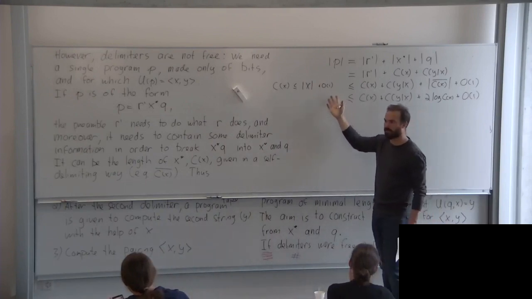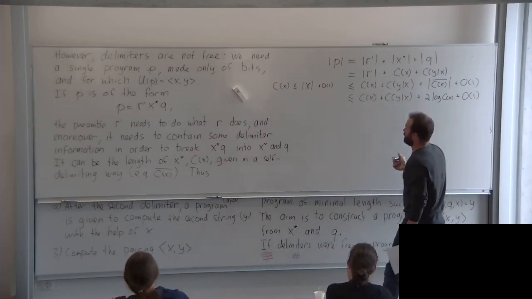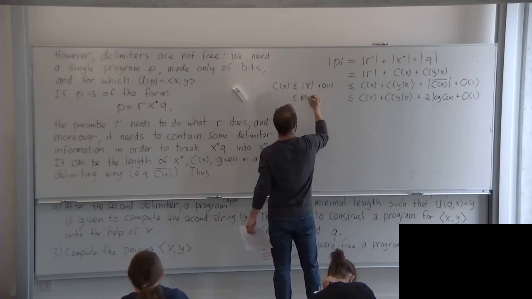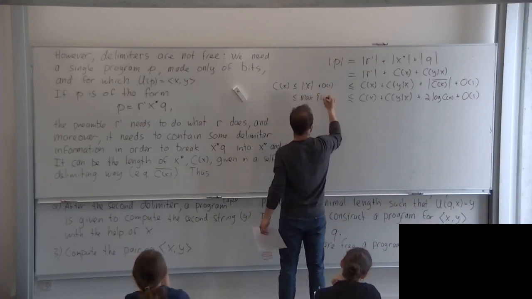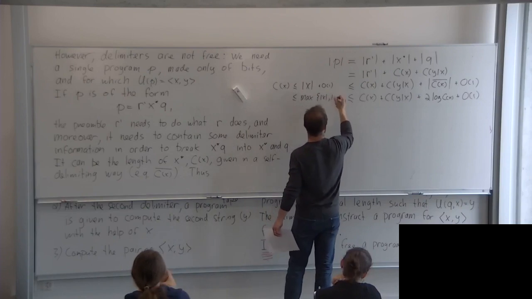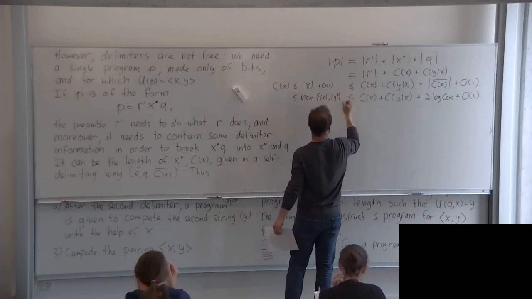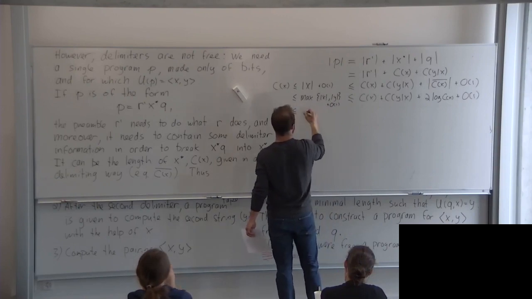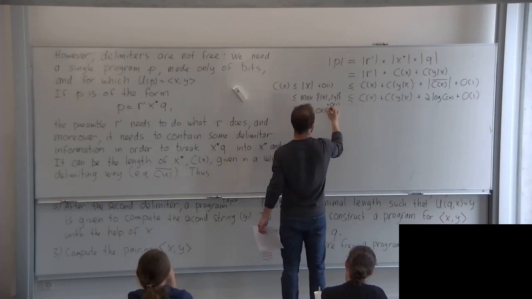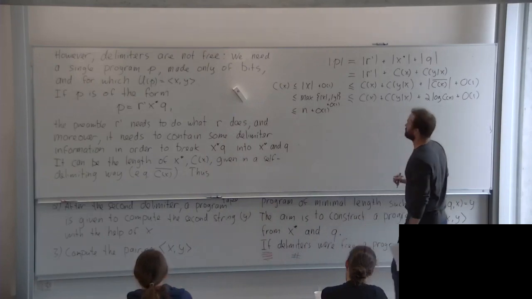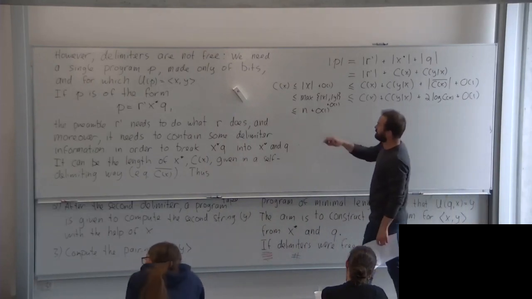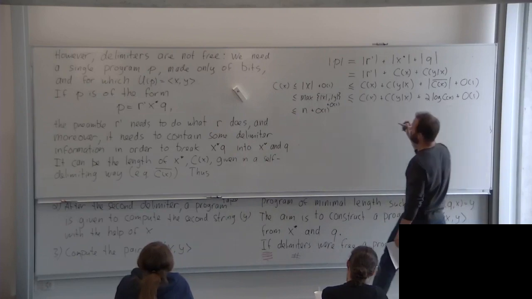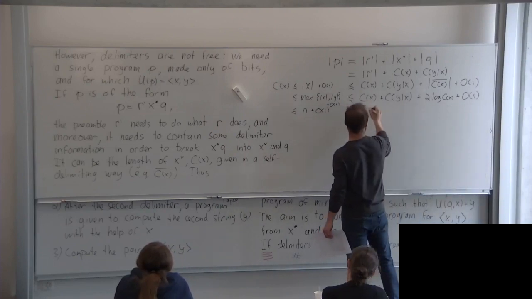This was one of the first things we showed today. And so it's smaller or equal than the max between the length of x and the length of y plus O of 1. So it's smaller or equal than n plus O of 1. But then I'll take the log on each side and I'll be able to bound this.